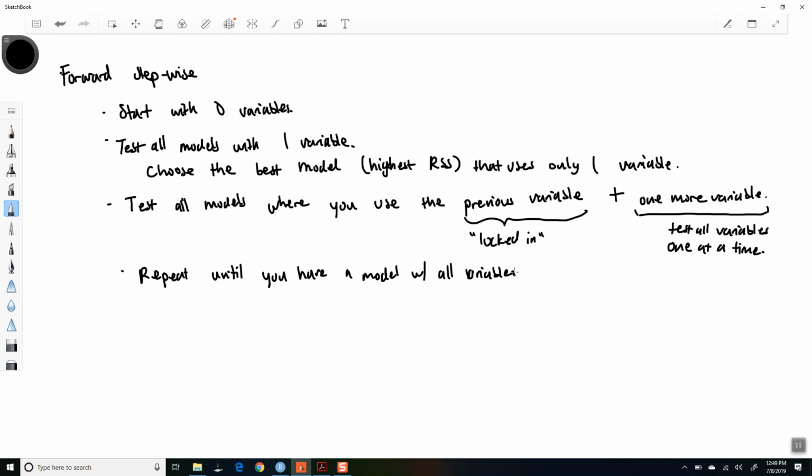And then choose the number of predictors using AIC, BIC, adjusted R-squared or cross-validation, right?